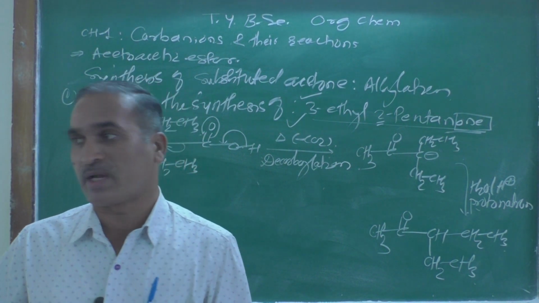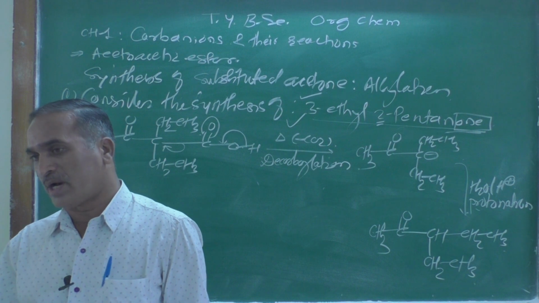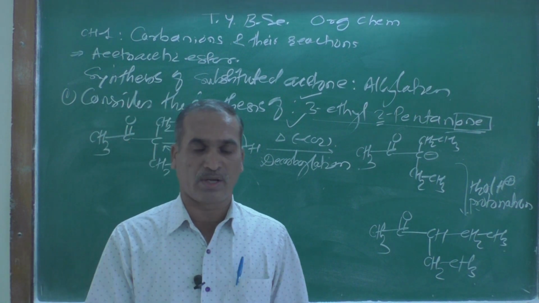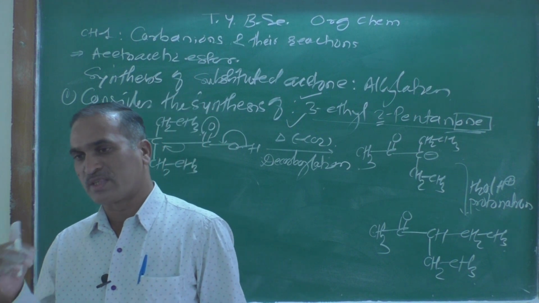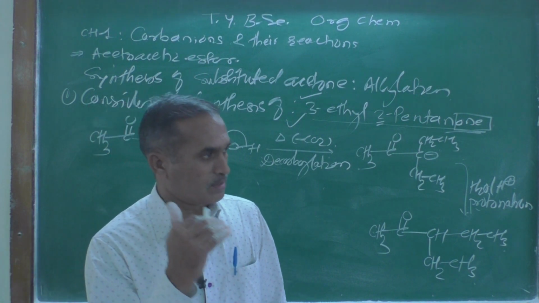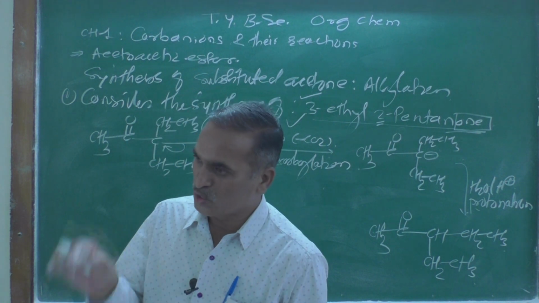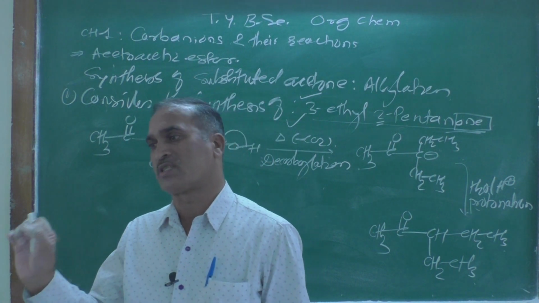So from the exam point of view, a 3 mark question always appears, maybe like this: how will you synthesize 3-ethyl-2-pentanone using acetoacetic ester?